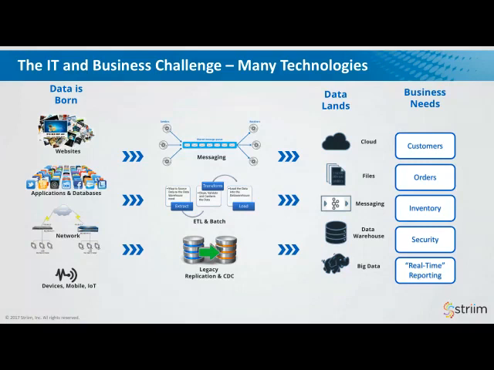So there are so many different technologies you may have already: some legacy data, databases, you may have a data lake, messaging systems, ETL and batch systems, and all of these need to work together in order to fulfill business needs, to better serve customers, to deal with orders and inventory and security and real-time reporting. So all of these things need to work together in order to provide seamlessly the best value out of IoT data.